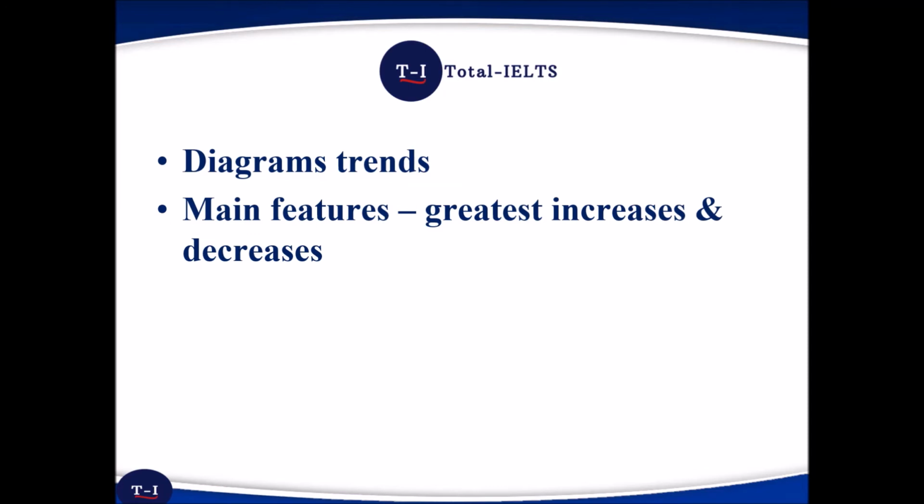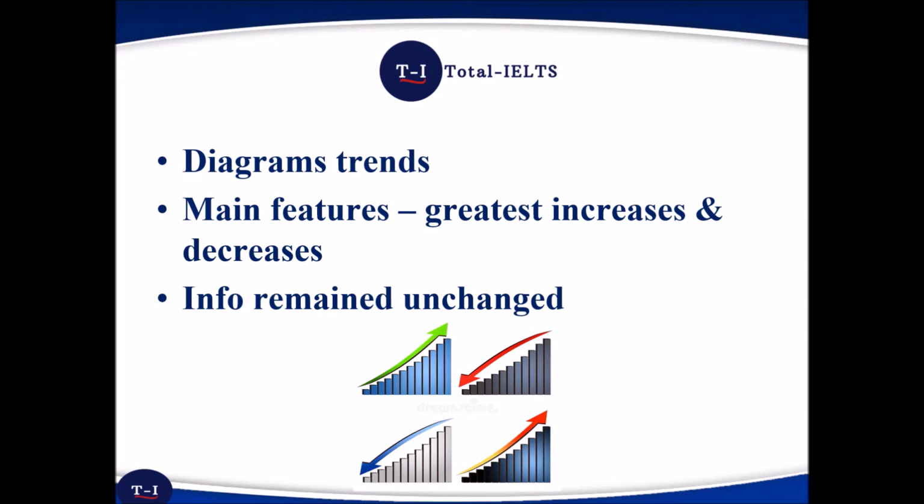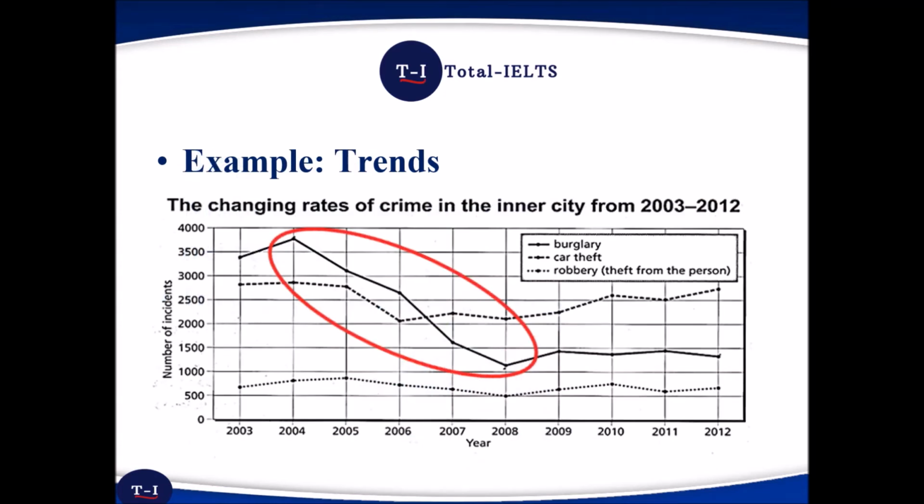For the diagrams showing trends, the main features are the greatest increases and decreases, and also any information that remained unchanged. Here, for example, the standout main feature, the most obvious one, is the dramatic decrease in the rate of burglary from 2004 to 2008.